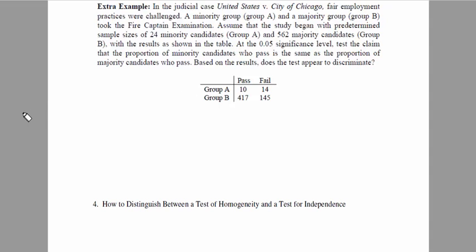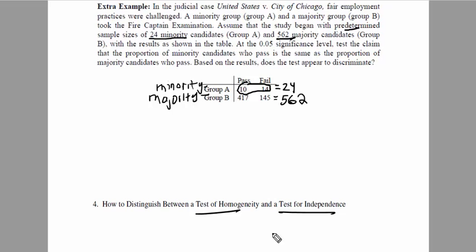And so a minority group, Group A, so I'm going to mark Group A as the minority, and a majority group, Group B, took the fire captain examination. Assume that the study began with predetermined sample sizes of 24 minority candidates. So you can see here that the total number of minority candidates was 24, and then the total number of majority candidates was 562.